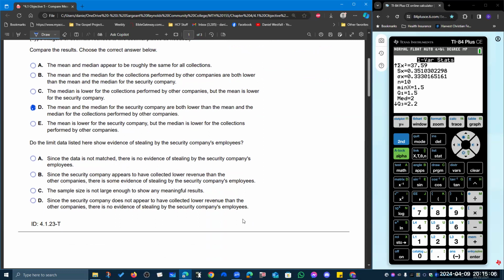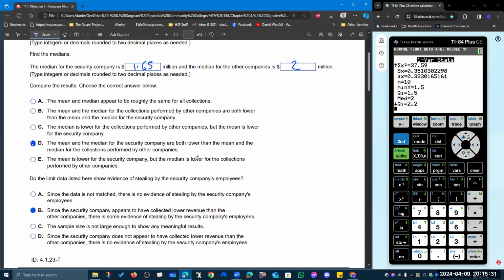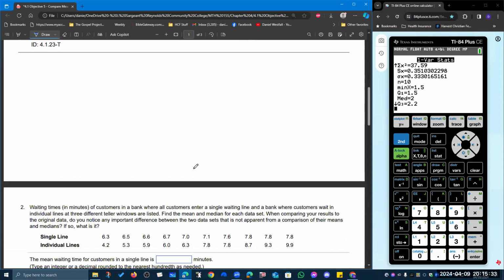Since the security company appears to have collected lower revenue than the other companies, there is some evidence of stealing by the security company's employees, which is B. That's because both the mean and the median are lower there.